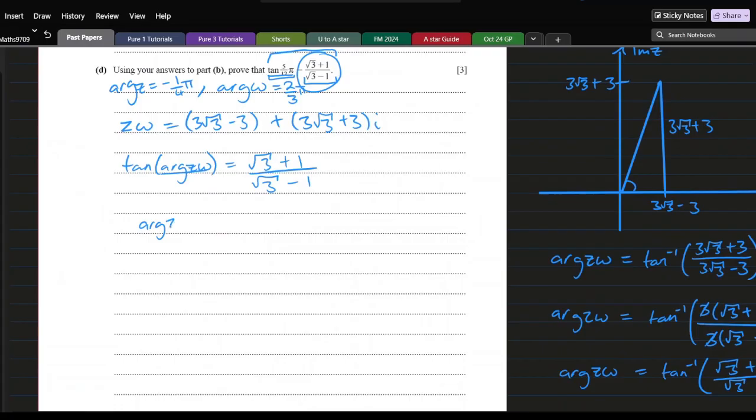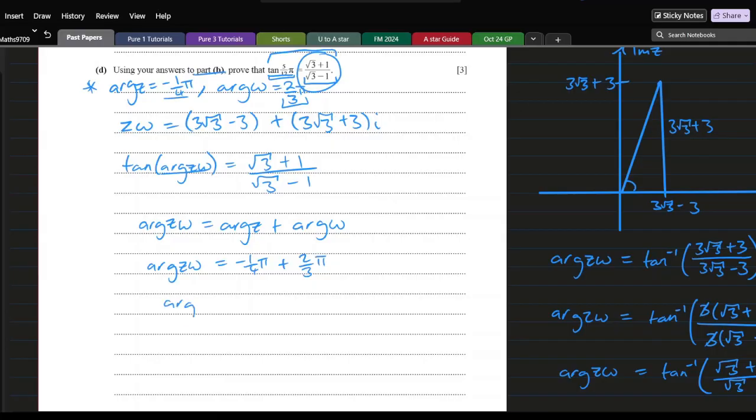Arg z omega is equal to arg z plus arg omega. This is where those results from part B come into play. So we know that arg z is negative a quarter pi. So arg z omega is equal to negative a quarter pi plus arg omega, which is 2/3 pi. So plus 2 over 3 pi.